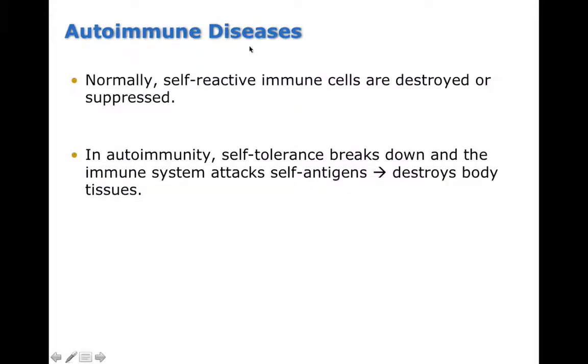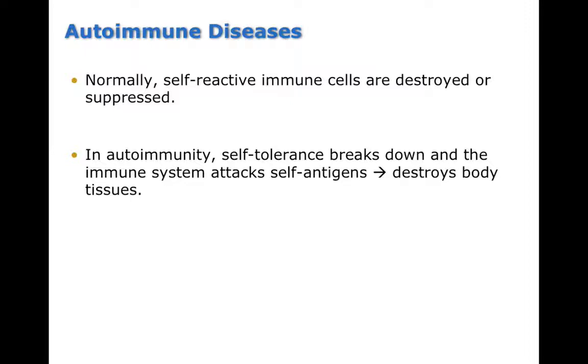So autoimmune diseases can include, but aren't limited to, hypersensitivities. What we're saying is that autoimmune disease involves a destruction of self-tolerance. We talked earlier about how B cells and T cells, when they're maturing, are checked for self-tolerance, and essentially we want to make sure that our own immune cells don't respond to our own body's antigens.